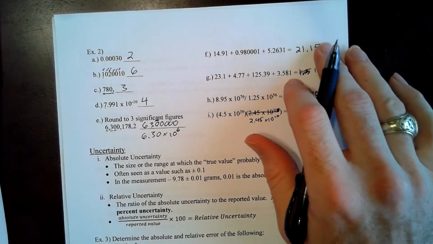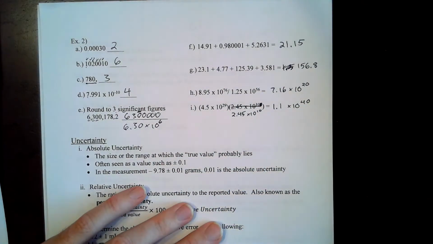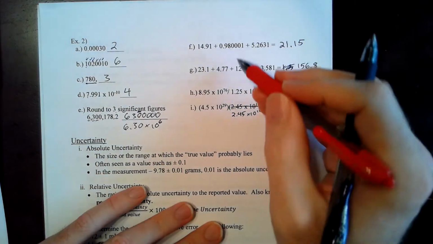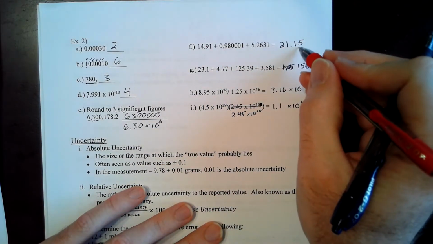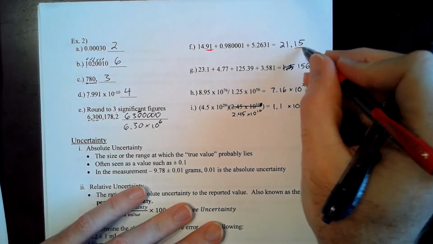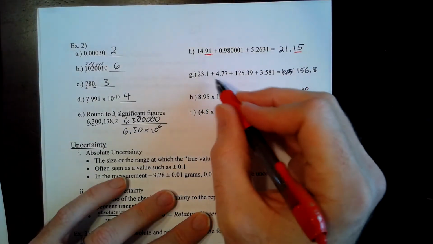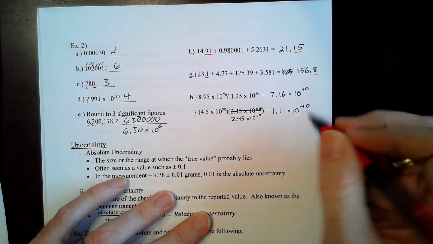Now I did these right here just because I don't want to waste your time doing math you already know. But when we are adding and subtracting, we're going to take the least number of decimal places. So the least number of decimal places is 2. When we're adding again, the least number is 1.